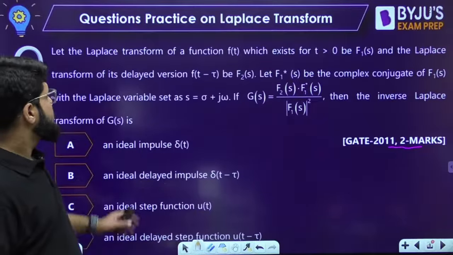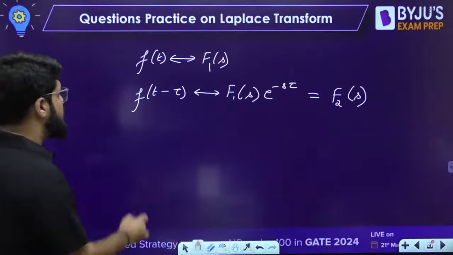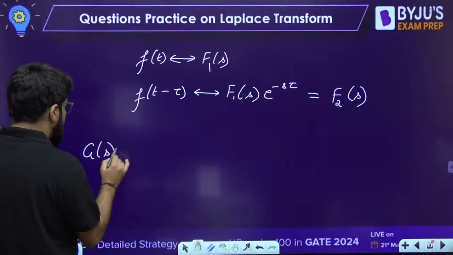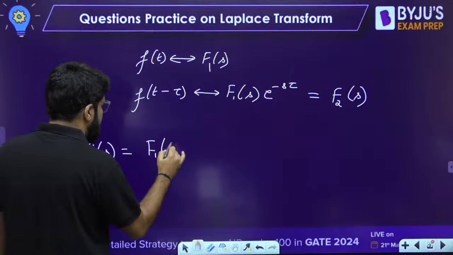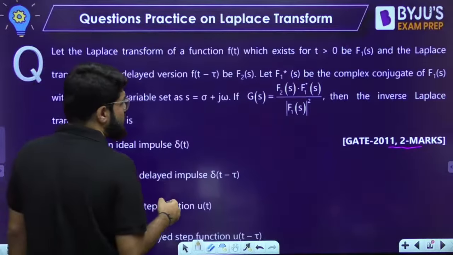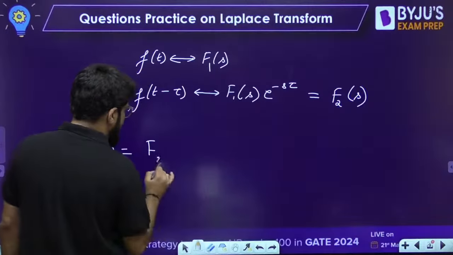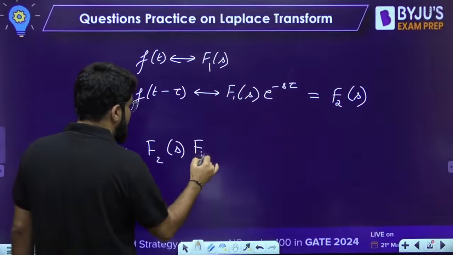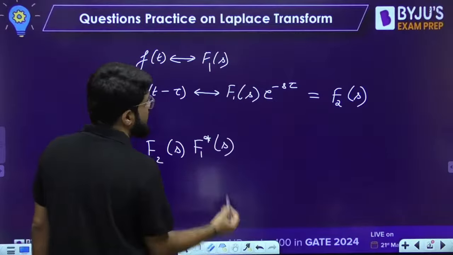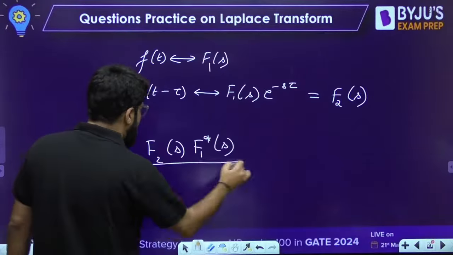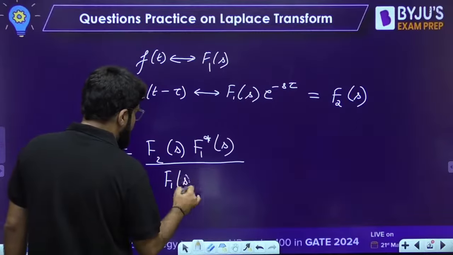Okay. Now let us come to this function. Let us come to the gs function. What is gs? It is given as f2s into f1 conjugate s divided by modulus of f1 s whole square.